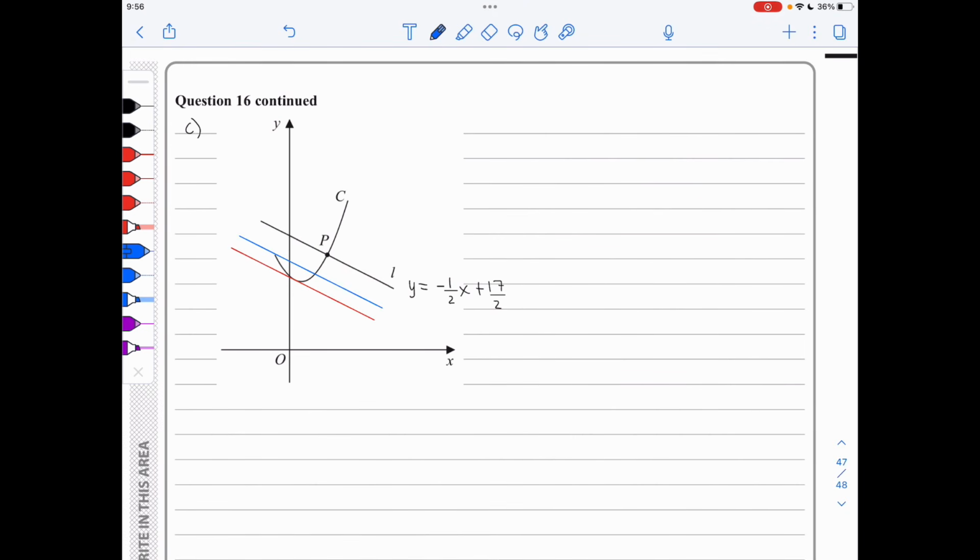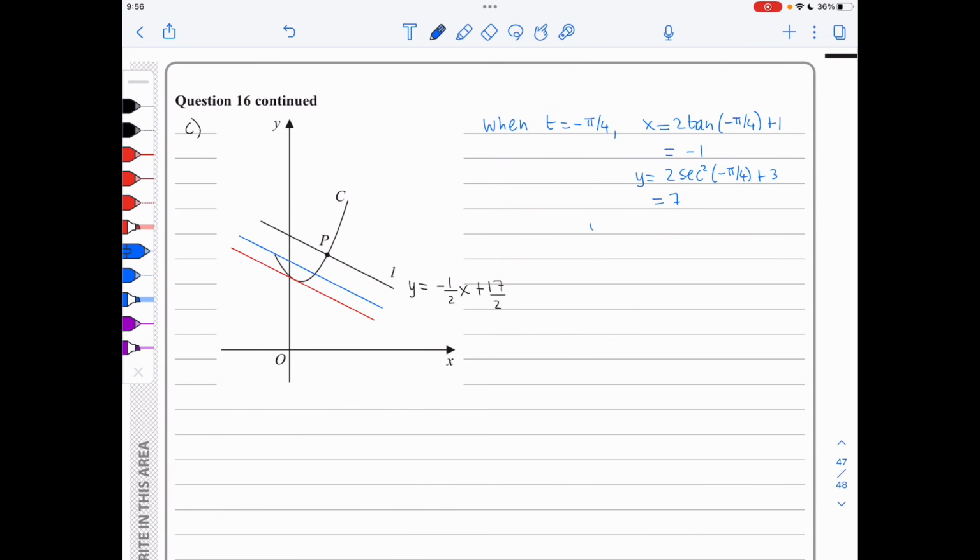So I'm substituting t is minus pi over 4. x is 2 tan of minus pi over 4 plus 1, which gives an answer of negative 1. And y is 2 sec squared of minus pi over 4 plus 3, which is 7. So we pass through the point with coordinates (minus 1, 7).